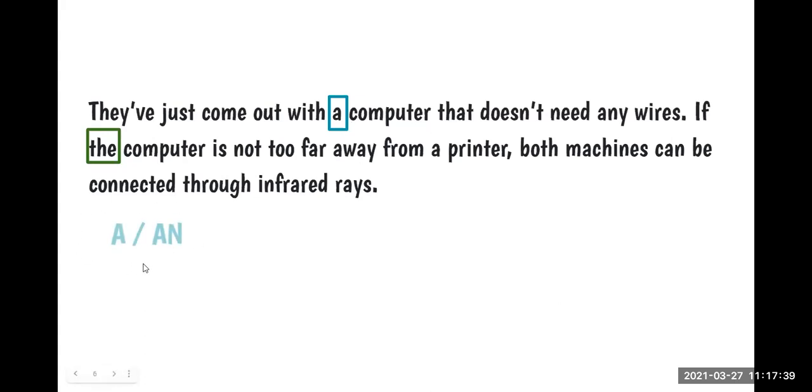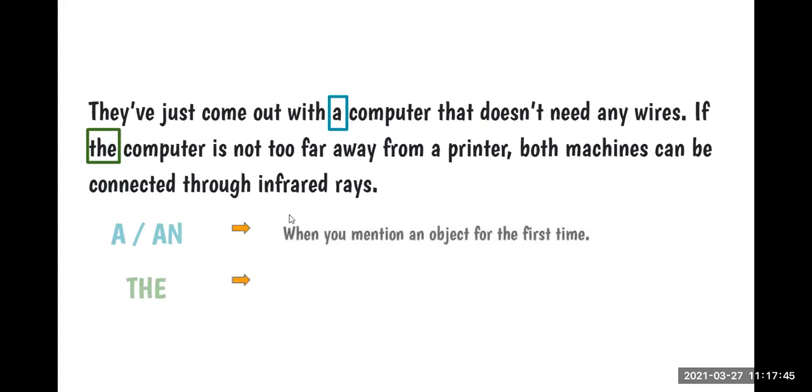Okay, so a or an and the. We use a or an when you mention an object for the first time, and the when you refer to the same object again in the conversation. Okay, so this is one of the rules about the articles.